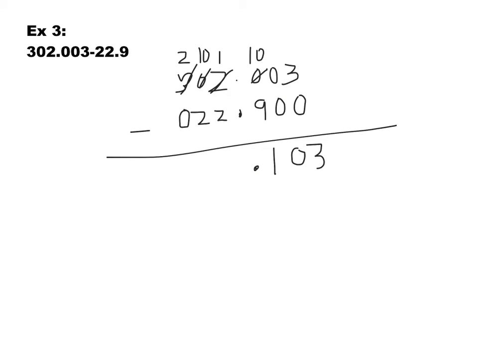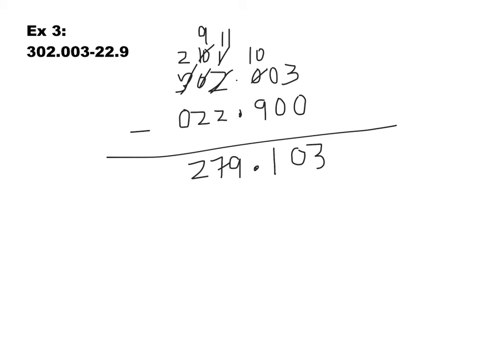Still, I cannot subtract 2 from 1. So I borrow 1 from this guy, so it becomes 9. And this becomes, it was 1, and I borrowed 10 or 1 from the left column. So this becomes 11. 11 minus 2 is 9. 9 minus 2 is 7. And 2 minus 0 becomes 2.